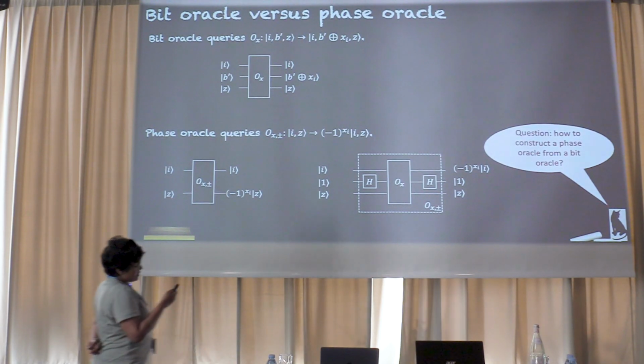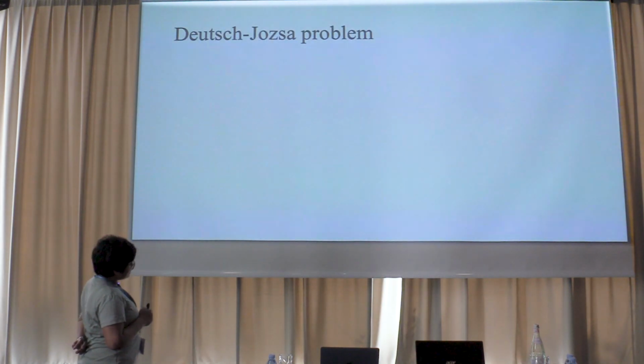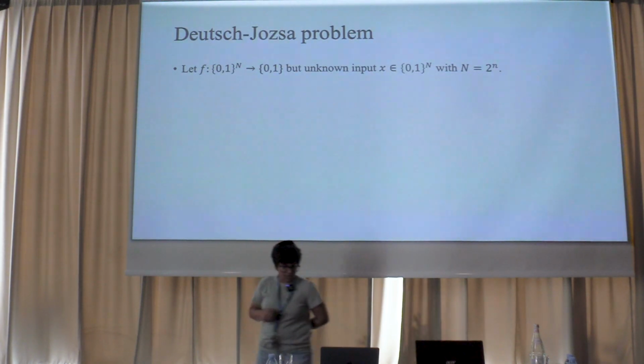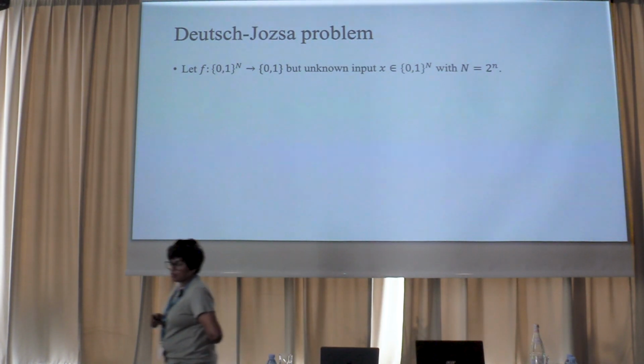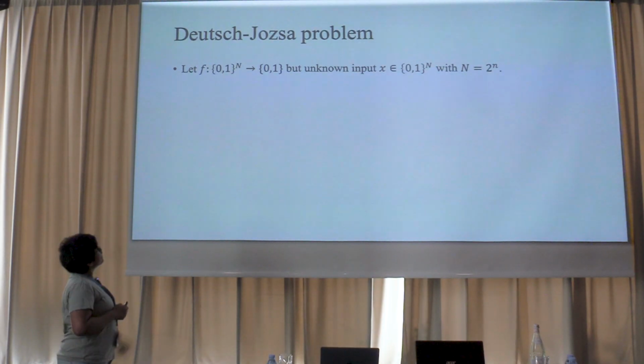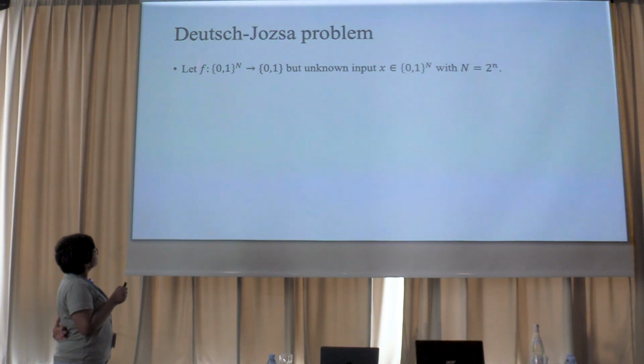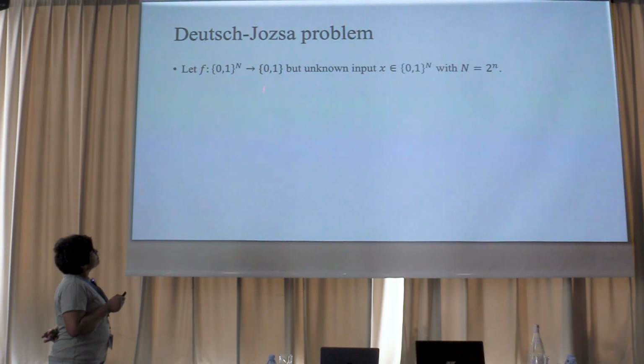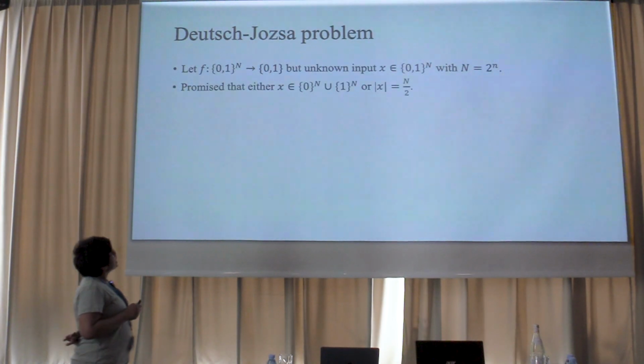Now let's see how we can use this towards our computation. The first example that I will show is this Deutsch-Jozsa problem. Here we have this function. It is a particular function. We don't know the input, again, like I said, but we want to know whether we are in a 1 input or the 0 input case, and how the function is defined.